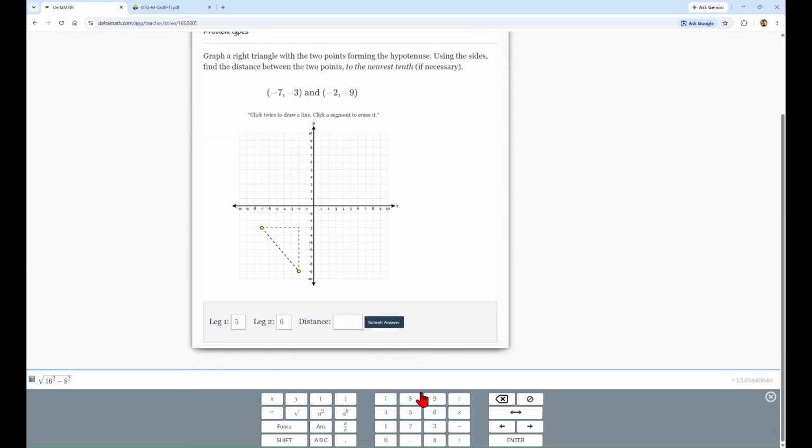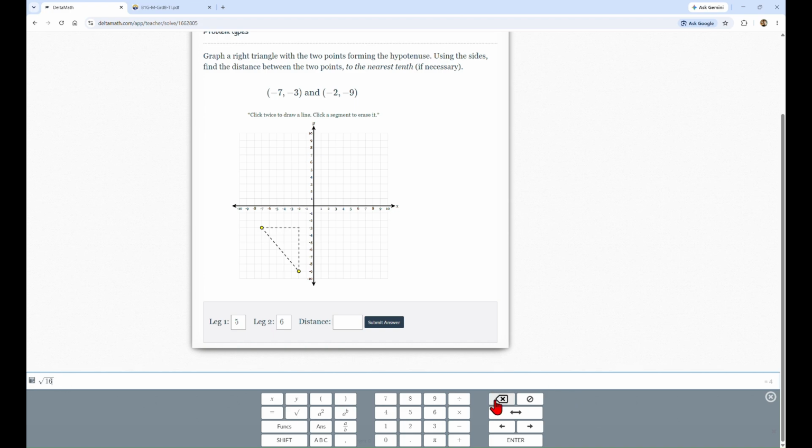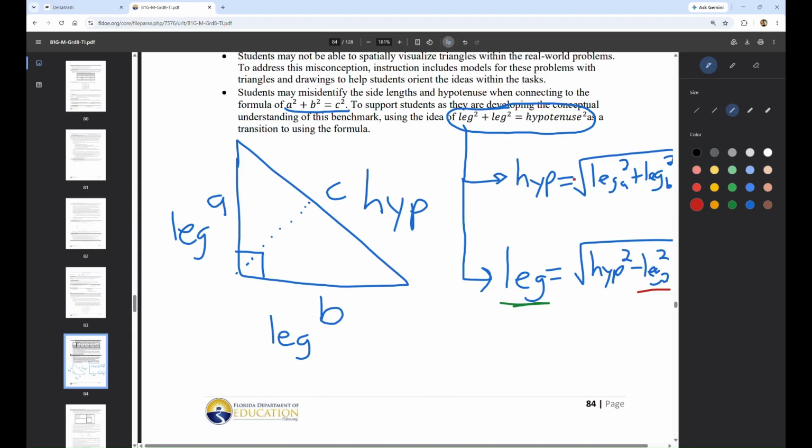Here's our calculator. And we're going to type in leg 1 squared plus leg 2 squared. This one: leg A squared plus leg B squared.